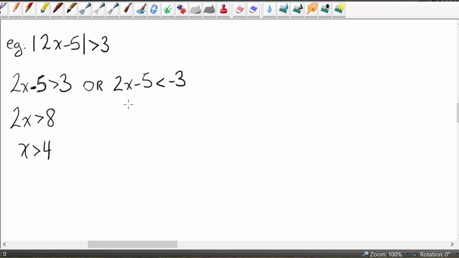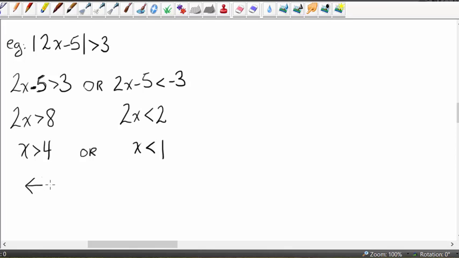Over here, adding 5 to both sides gives us 2x is less than 2, and dividing both sides by 2 says that x is less than 1. So we have all of the x that are either greater than 4 or less than 1.